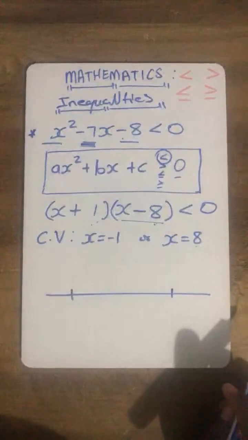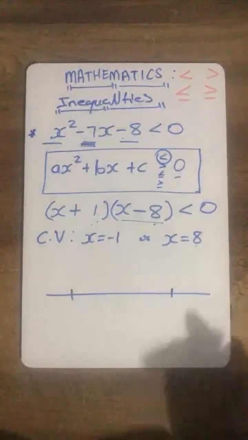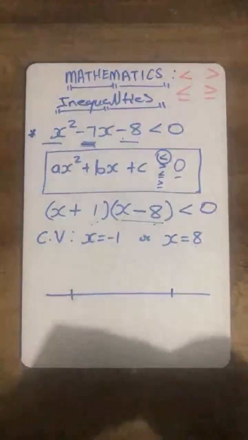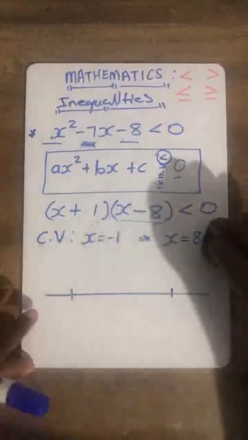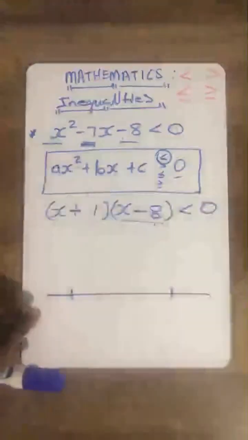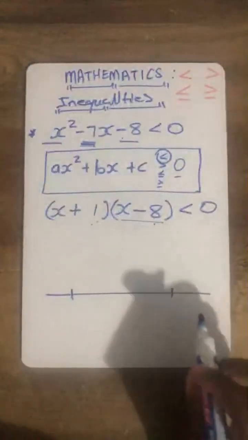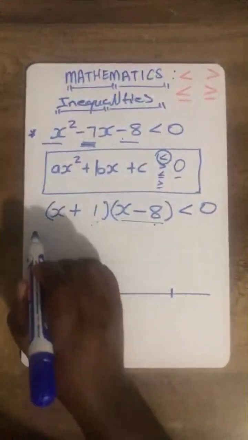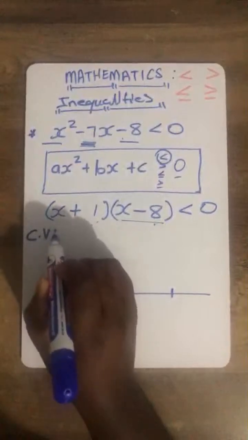A good question coming from Daisy, saying, what does CV mean? And I saw some soldiers there saying CV means critical values. So why is it important to mention critical values?